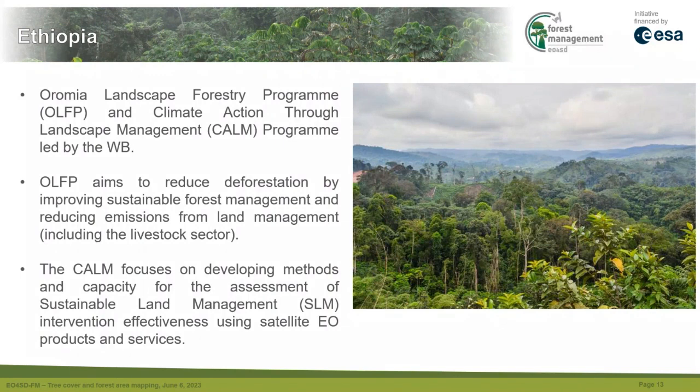interventions using EO products. So this is interesting because one of the requirements within the project is a project indicator, that is NDVI. NDVI is the vegetation index derived from the spectral bands red and infrared. So in order to show the positive impact of the intervention, you need to have a certain change in the NDVI.